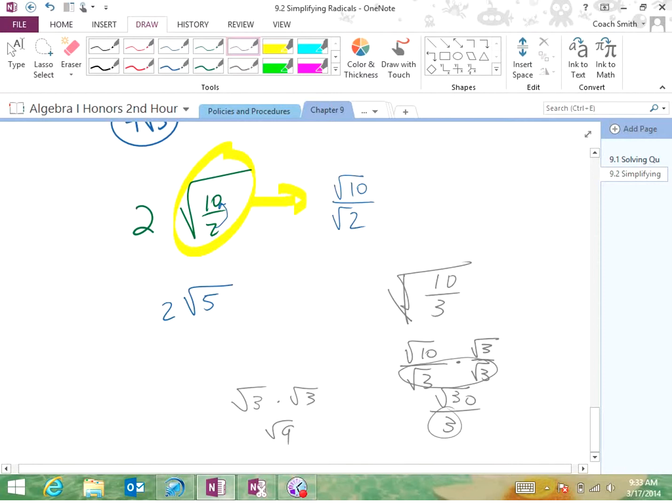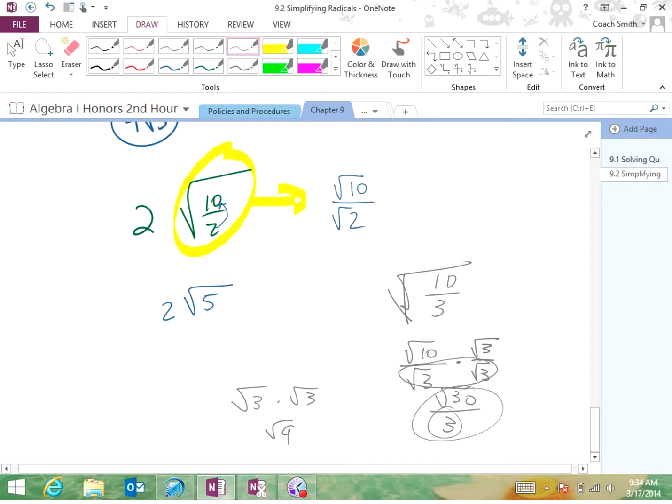Because what is 3 times 10? 30. Okay? And that would be that fraction simplified. We're not going to have any of those. There'll be a way for you to reduce it, either like we just did here, dividing 2 into 10, or like we're going to show you here in a second.